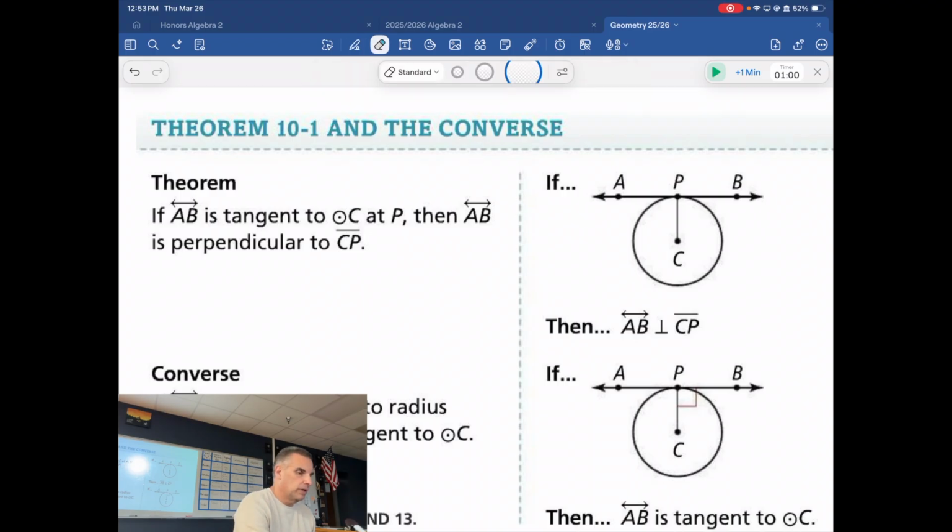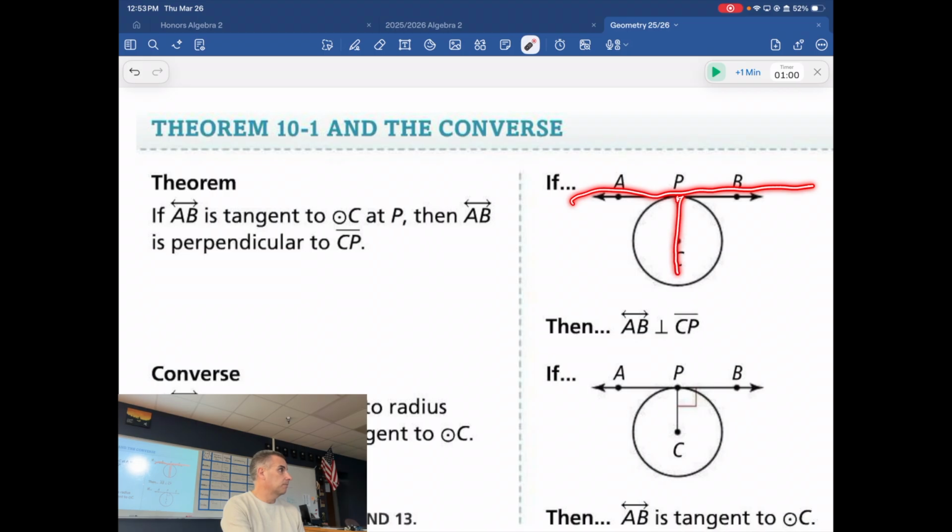In terms that you can understand, this line, which we're calling the tangent line, is a tangent line if and only if these two lines are perpendicular to each other. Notice that this is just a radii, going from the center C to our point of tangency, so we can draw that line.